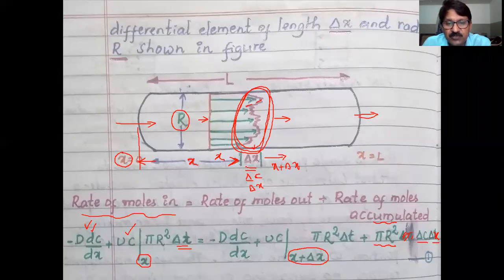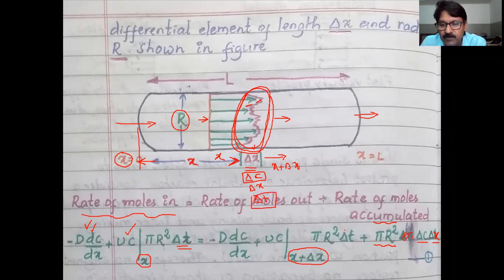The magnitude of concentration to pass delta x is delta c, and the time taken to pass delta x is delta t, so I multiply delta t for all the components. What is accumulating is related to the concentration, delta c, in delta x: pi r square delta c delta x.